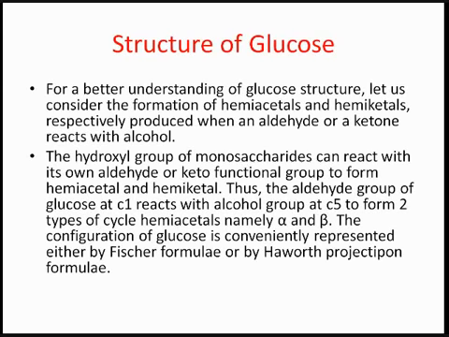If the same OH group of C1 is oriented towards left side, then it is known as beta D-glucose. So now what is the difference between alpha D-glucose and beta D-glucose? Only at C1. In alpha D-glucose, the OH group at C1 is at right hand side, and in beta D-glucose, the OH group at C1 is at left hand side.